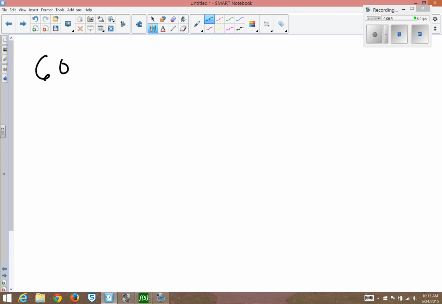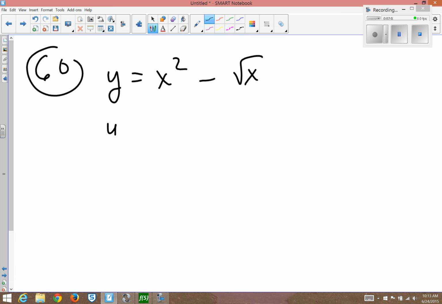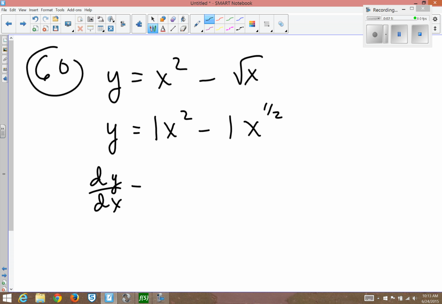Number 60 says y equals x squared minus the square root of x. Same as y equals 1, x squared minus 1 times x to the 1/2. The derivative of y with respect to x is this number up here times this number here.